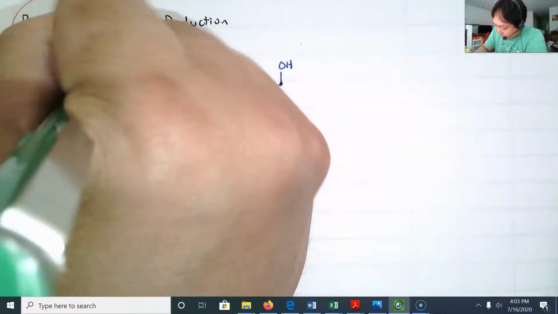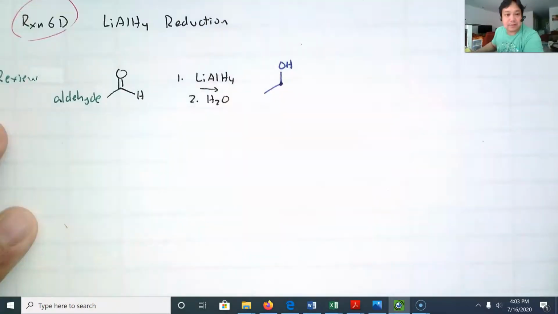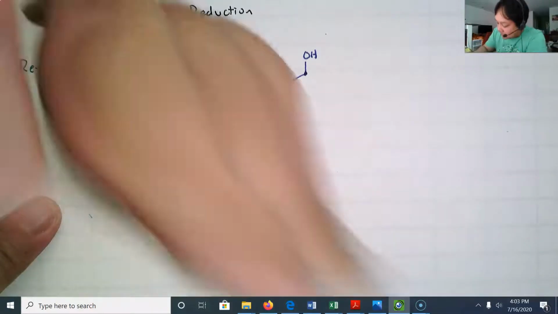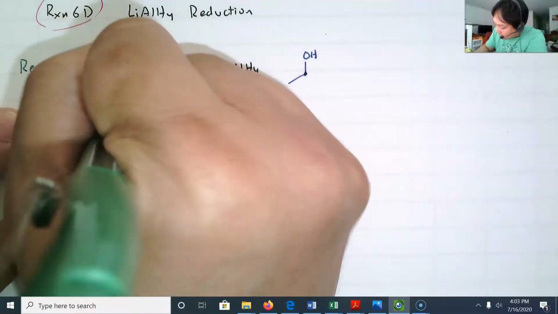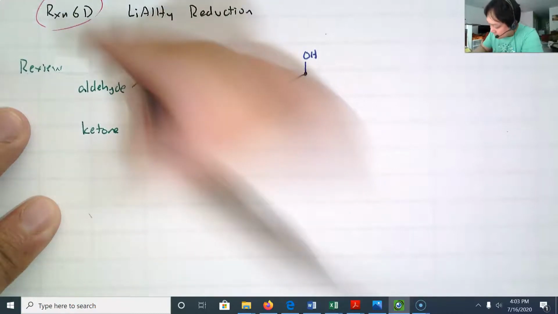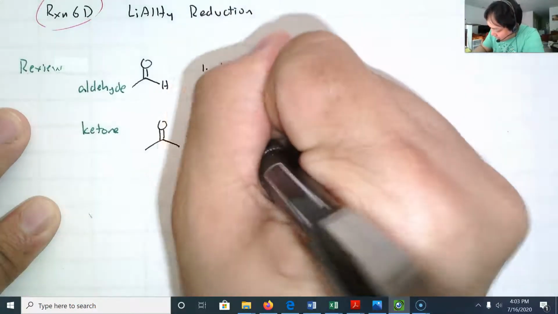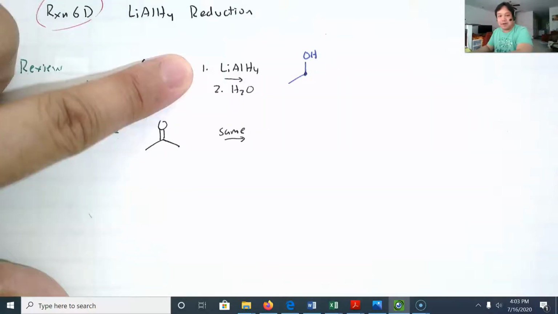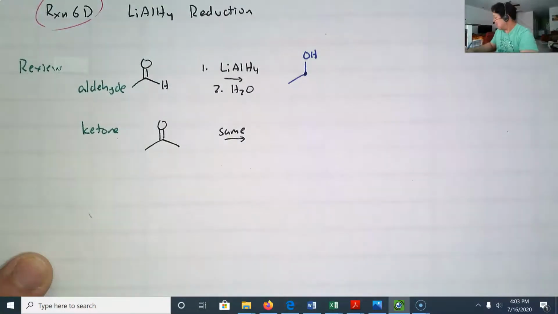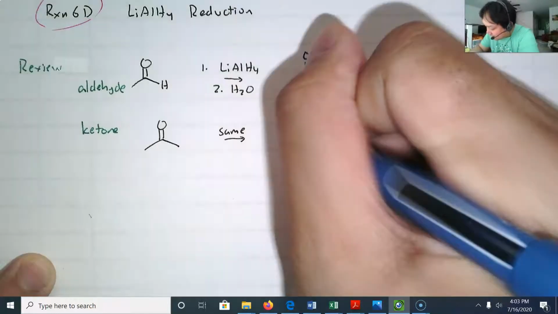Aldehyde. Ketone. I'm just going to write the word same, meaning that you just look above and it's the same reagent. Secondary alcohol.